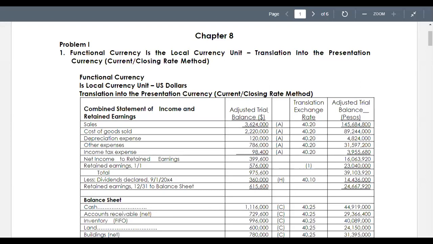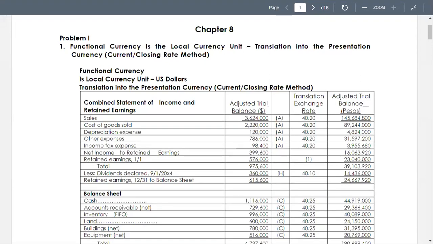So, monetary assets and liabilities are to be translated by using the current or the closing rate. An asset or a liability is monetary if it represents a claim to a fixed amount of pesos.